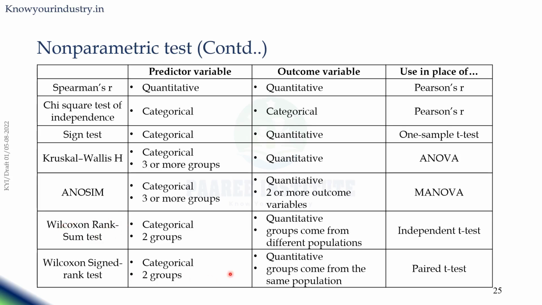And when groups come from the same population, then you can go for the Wilcoxon signed rank test. These are all the non-parametric tests you can use instead of the parametric test when you don't have many assumptions about the data. The Wilcoxon signed rank test and the Wilcoxon rank sum test are generally used in many clinical trials instead of paired tests and independent tests when you want to use non-parametric testing.